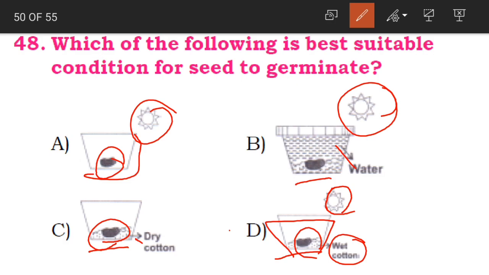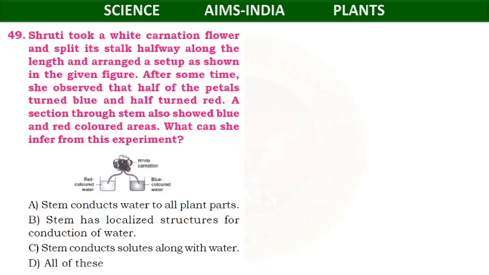So in these pictures, which is the suitable condition for the seed to germinate? Okay children, D option is the correct one, because sunlight is also there and the seed is getting the moisture. It is also getting the air. So that is why D option is the correct answer.